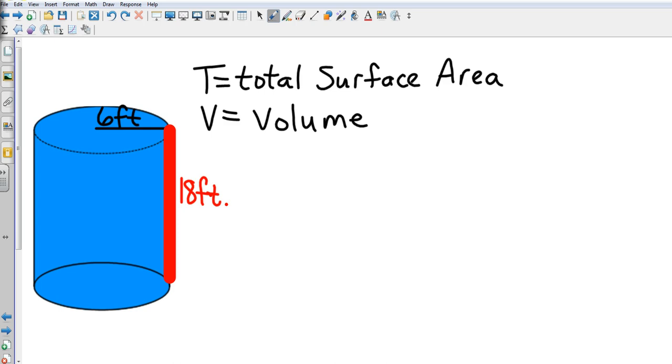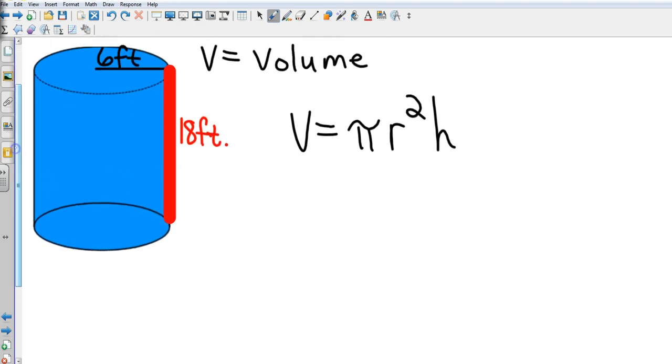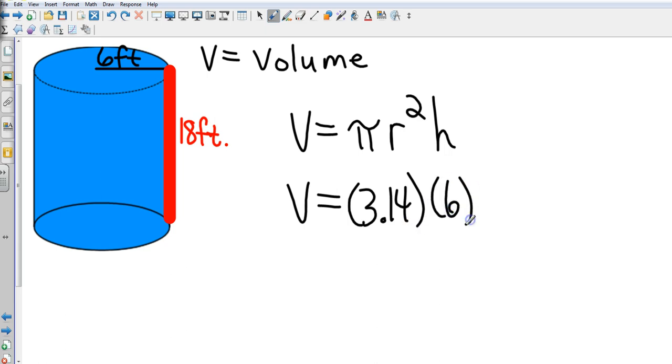Okay, now let's look at volume. It is represented by pi r squared h. So again, like we did on the last one, let's do some substitution. We know pi is going to be represented as 3.14. Radius is 6, so I'm going to square that, times the height, which is 18.